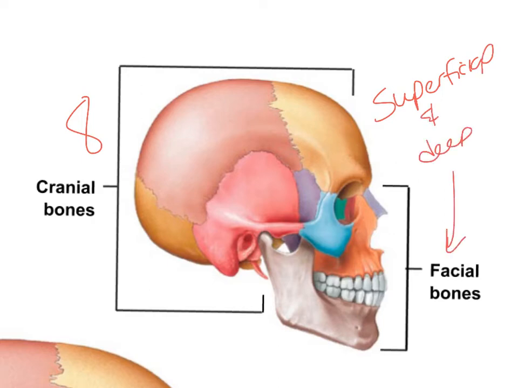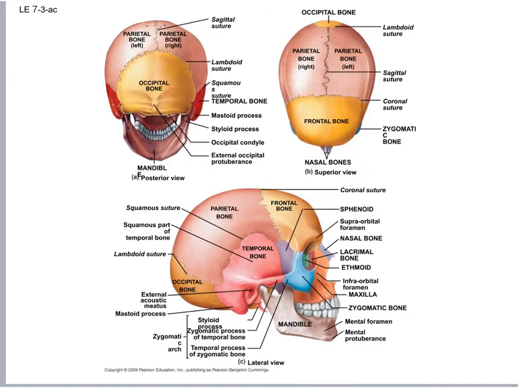Okay, so we've got superficial and deep facial bones, and then we have cranial bones, and we're also going to identify the sutures in between those cranial bones. Okay, so let's look at them.